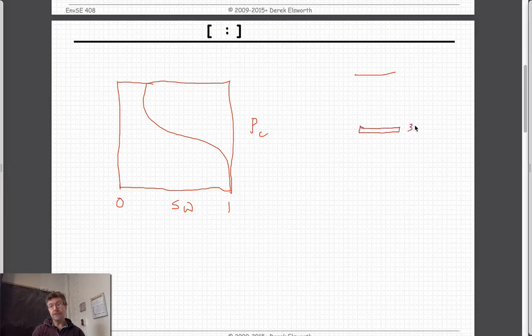So this is 350 meters. This is 250 meters. This is 450 meters. If you take everything that's present within this zone here and you try and stuff it in here, the question is, is there enough space? So you know in this region here what the saturation of water is.